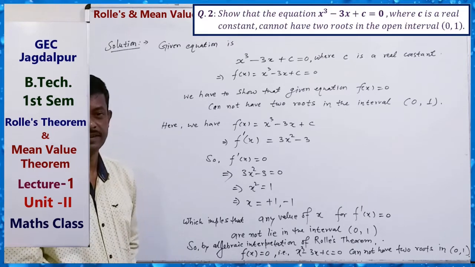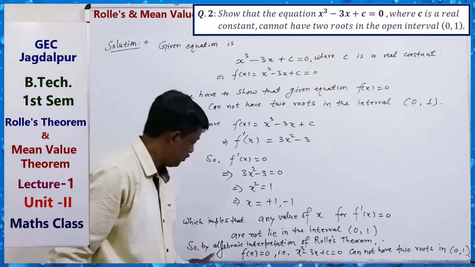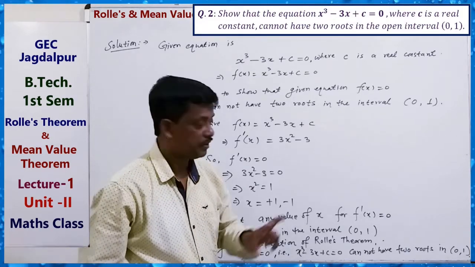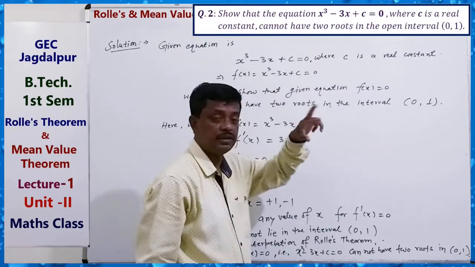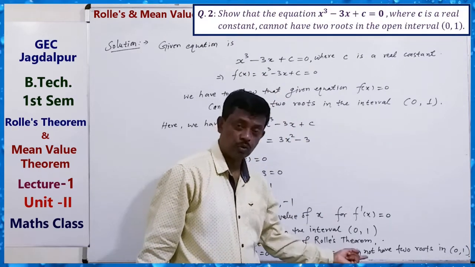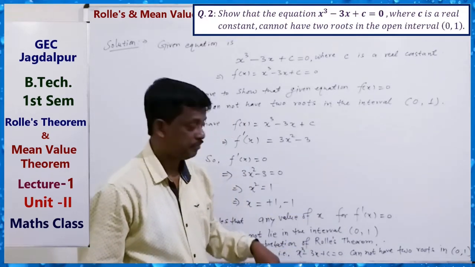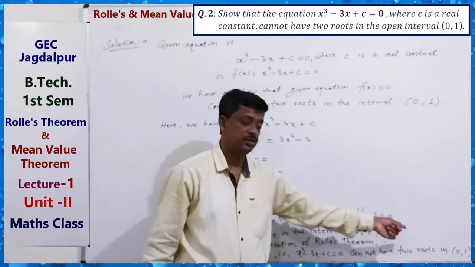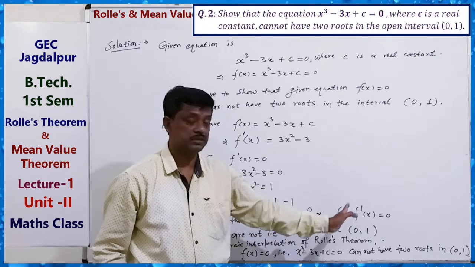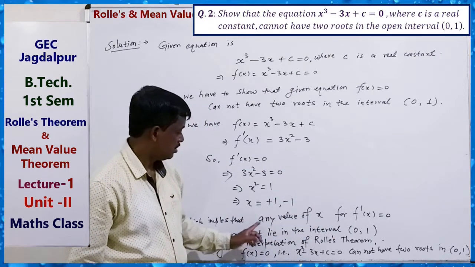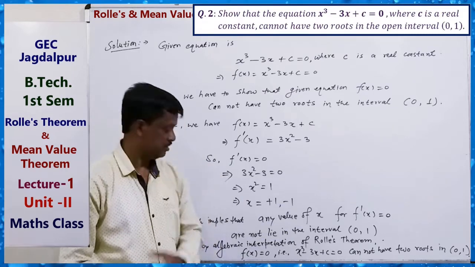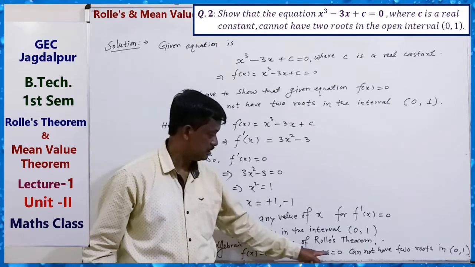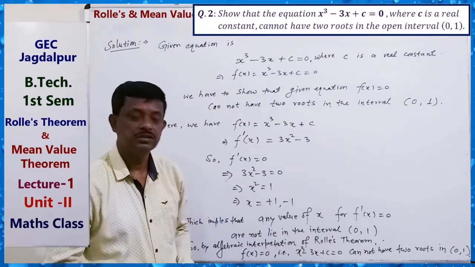Clear? By the algebraic interpretation of Rolle's theorem, we know that if f(x) has two roots, then f'(x) = 0 must have a root in the interval (0, 1). But here no value of x for f'(x) = 0 lies in (0, 1). So the given equation f(x) = 0 cannot have two roots in (0, 1).